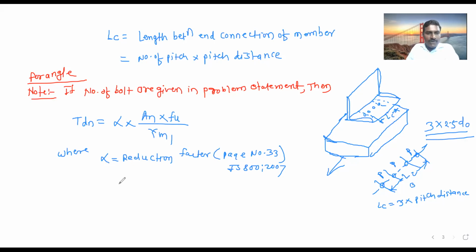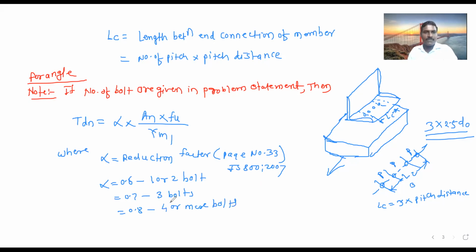So alpha is equal to 0.6 for 1 or 2 bolts. Alpha is equal to 0.7 for 3 bolts. And alpha is equal to 0.8 for 4 or more bolts. So this is given on page number 33 of IS 800 2007. Got it, everyone?